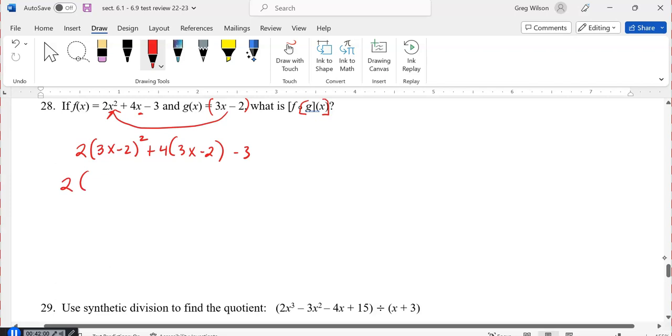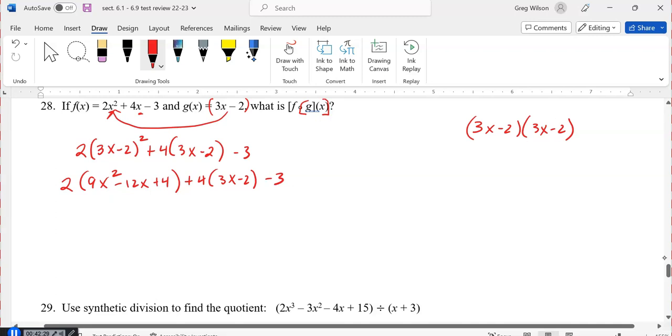So if you don't feel comfortable doing this the other way that I showed you, you can use 3x minus 2 times itself and FOIL, the FOIL method. Okay, so remember to do powers before you do multiplication according to PEMDAS.